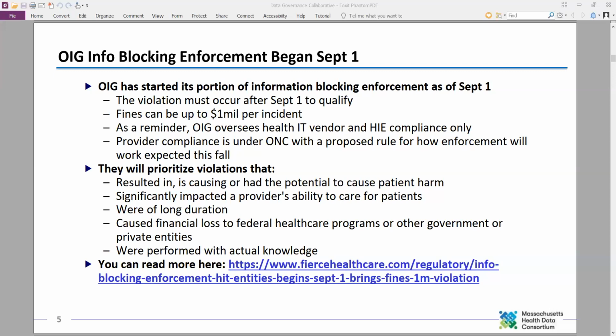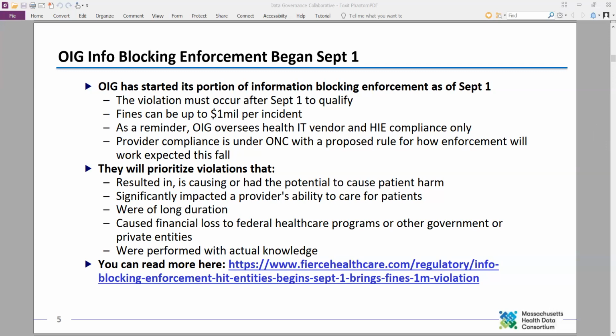And just as a reminder, this does not cover provider compliance with information blocking. That falls under ONC, and there's expectation of a proposed rule this fall. I believe last time I checked, it was currently set for October sometime. So we'll see if that materializes, but that is expected.